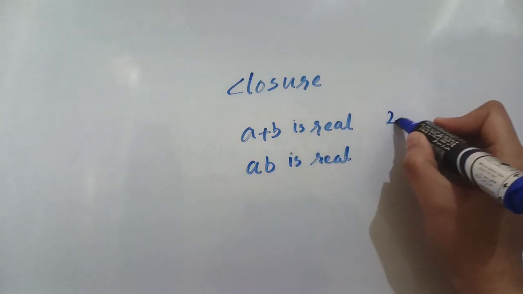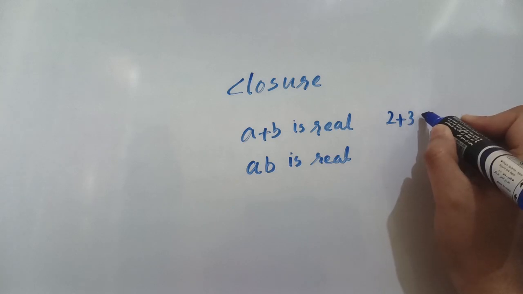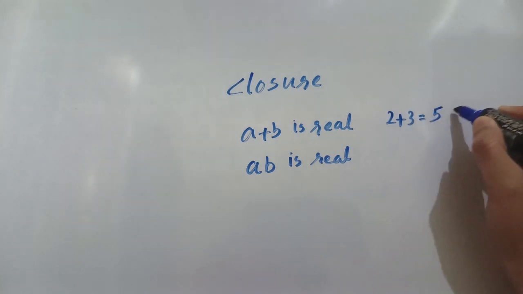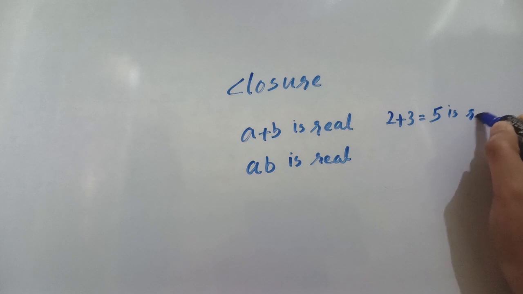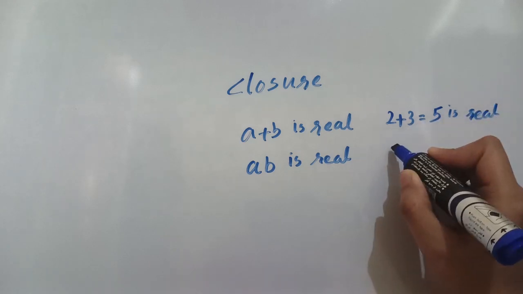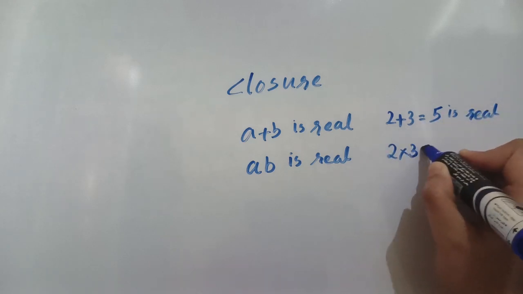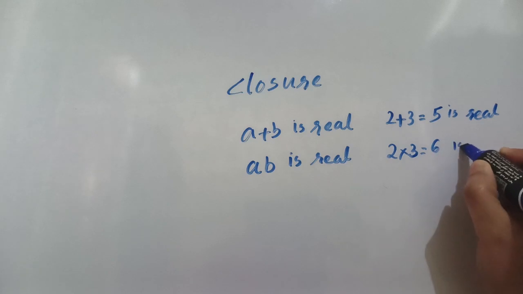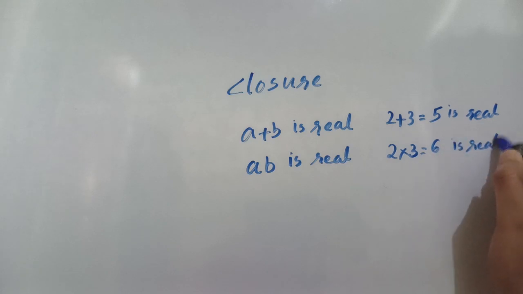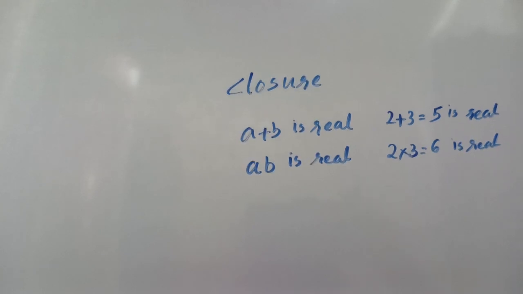For example, 2 plus 3 is equal to 5, which is real. 2 into 3 is equal to 6, which is also real. That is, we can say real numbers are closed.